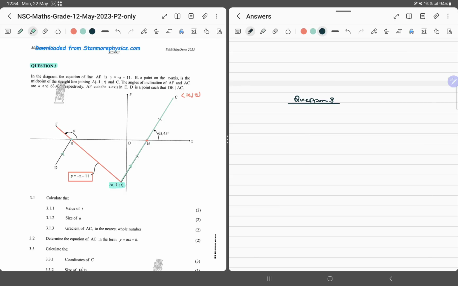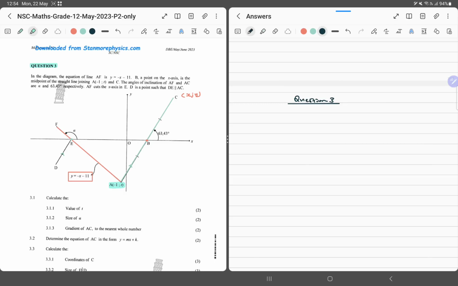Once we have a point lying on AC, we can use that point together with the gradient, and that will help us to find the equation of that line.